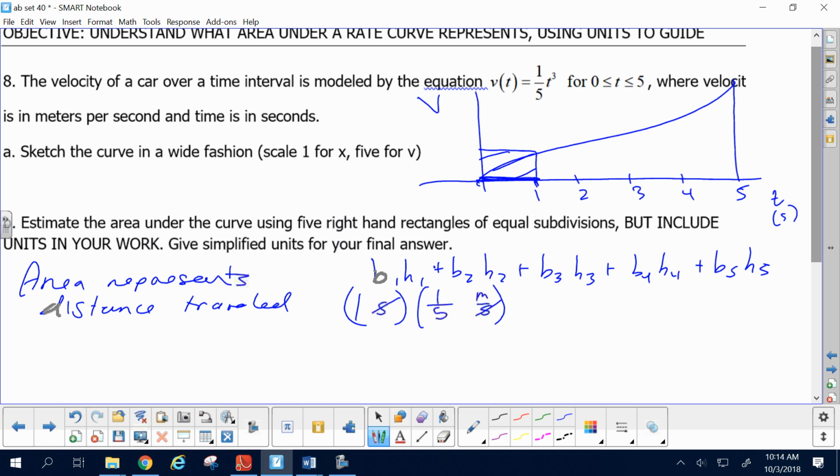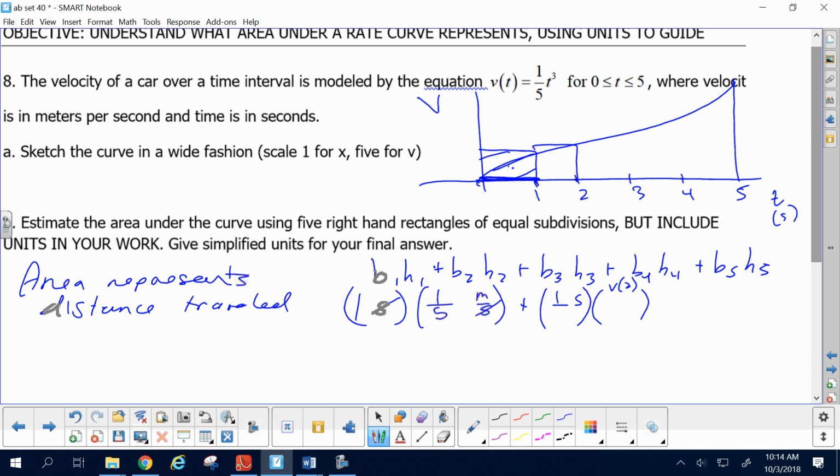So it looks like in that first second he went about 1 meter. Now it's probably a little less because that rectangle's overestimated. So he probably didn't go a full meter, he probably went a little less than a full meter, or 1/5 of a meter, sorry. The next, when I say it's another 1 second interval, and I look at height 2, that's height 2 is velocity at 2, yeah?